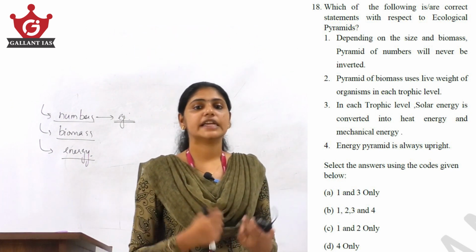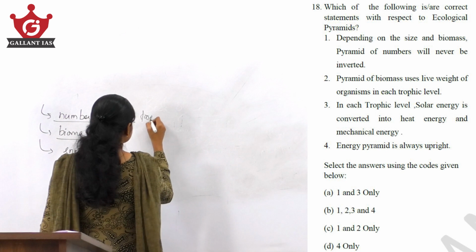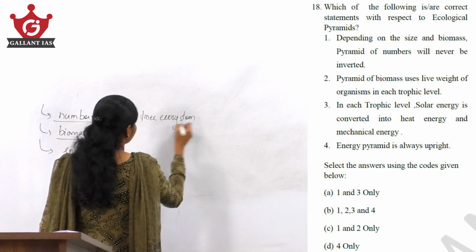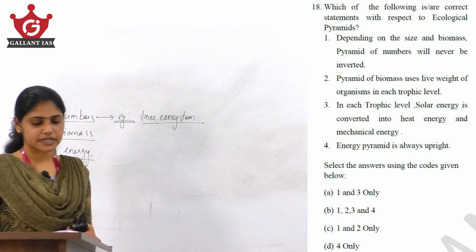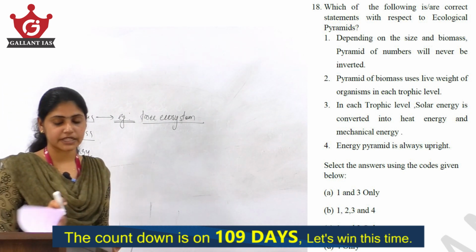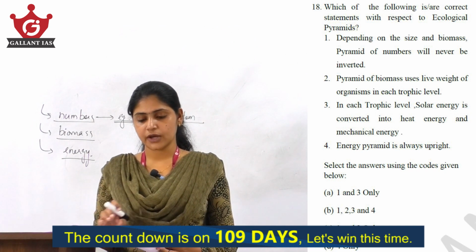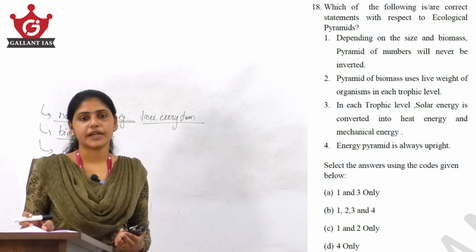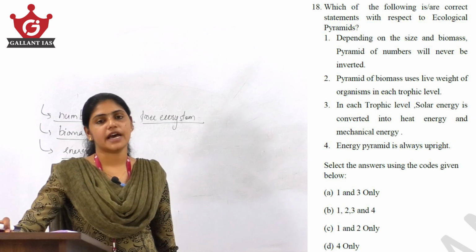So a tree ecosystem is an example where you can see an inverted pyramid of numbers. Inverted pyramid is possible, but the first statement says pyramid of numbers will never be inverted, which means the first statement is wrong. So if the first statement is wrong, you can eliminate options A, B and C, and your answer will be option D, 4 only, which means all the other 3 statements are wrong.